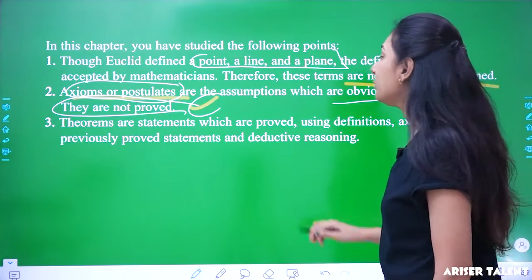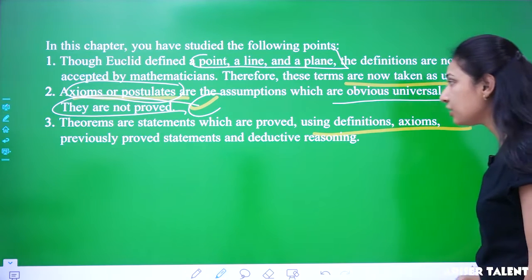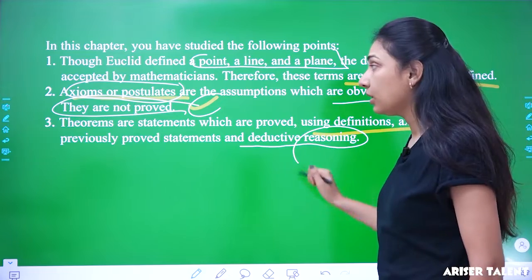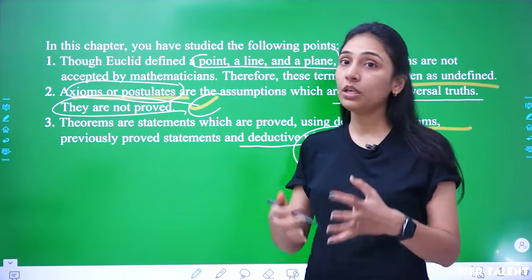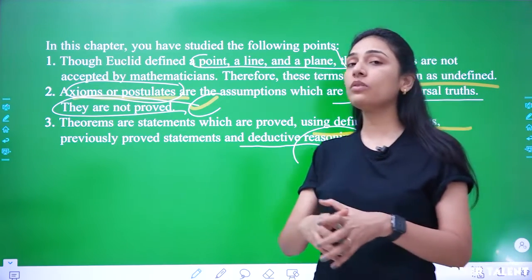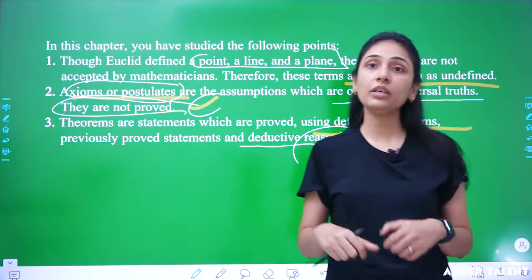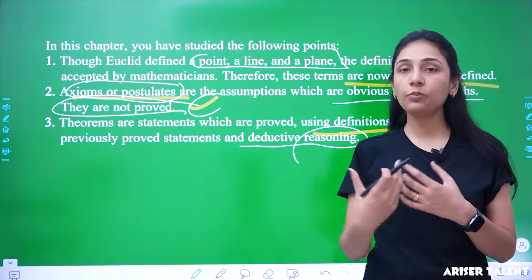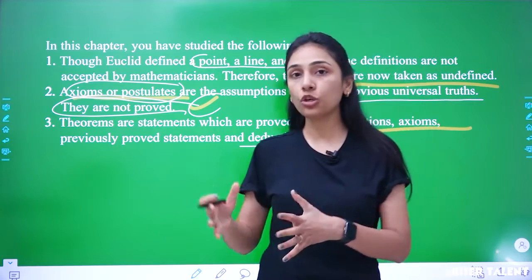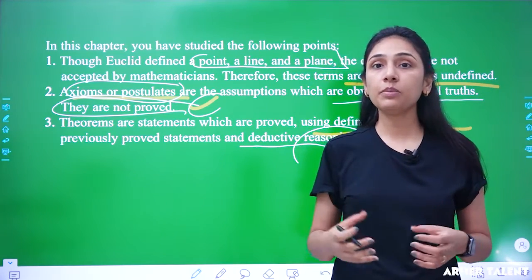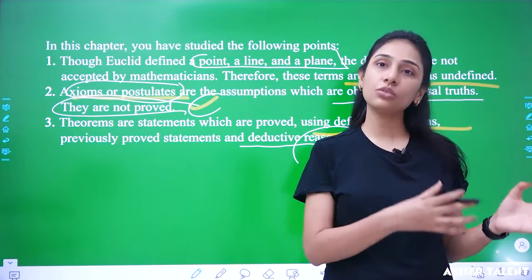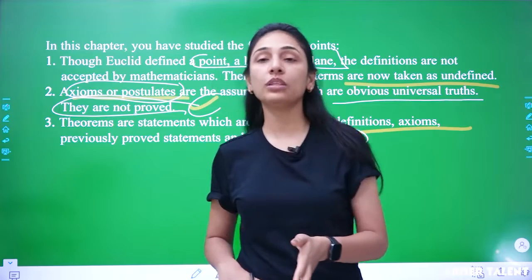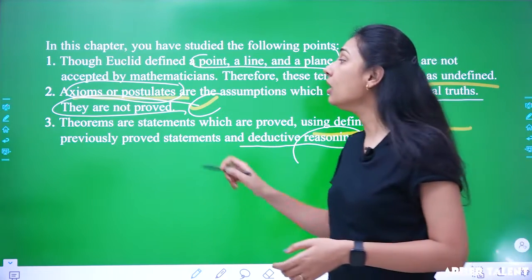Now theorems are statements which are proved using definitions, axioms, previously proved statements and deductive reasoning. We have studied a lot of theorems. What we did, the theorems have been proven with the help of some other theorem or some statement or a previous theory. So we used something to prove something, and that something is now the theorem.